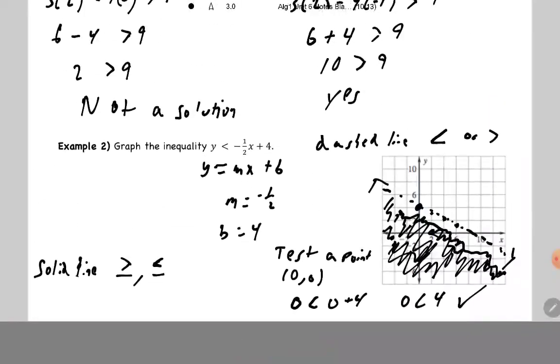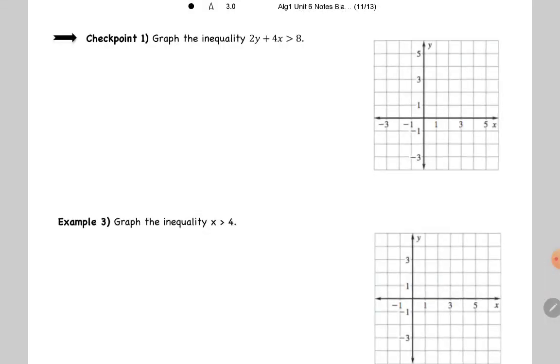So let's do another one. Graph the inequality. I need to change this into y equals mx plus b form. So I'm going to subtract 4x. So I'll get 2y is greater than negative 4x plus 8. Now to get y by itself, I'm going to divide everything by 2.